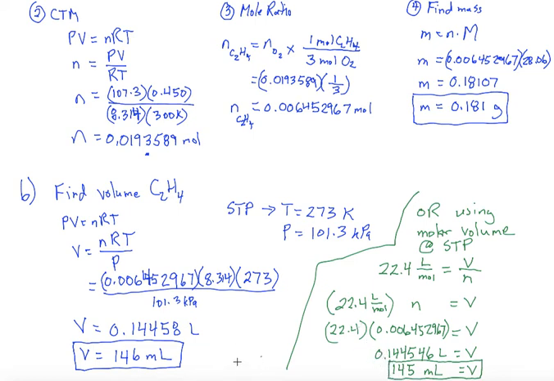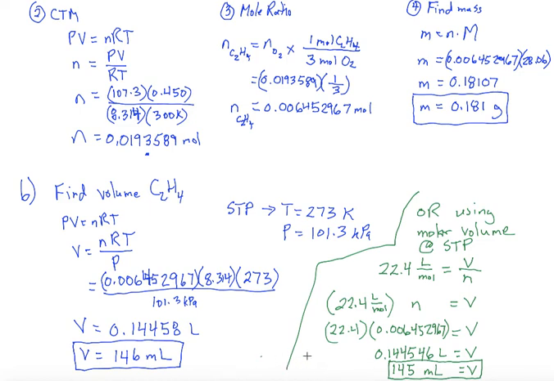Now, the funny thing is, if you look at these two answers for volume, you'll probably notice that they are just slightly different. That's because this molar volume of 22.4 liters has been rounded, right? It's not perfectly 22.4. And over here, our ideal gas constant is rounded. So there's rounding taking place that influences my calculation. So sometimes you might see them be identical, or they'll be really close to each other.